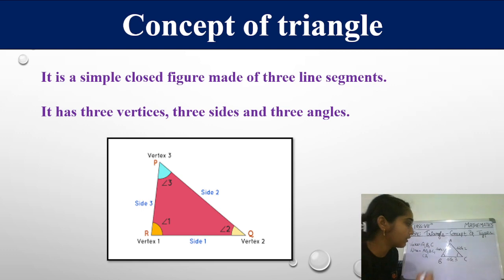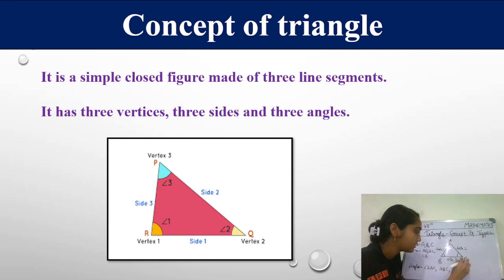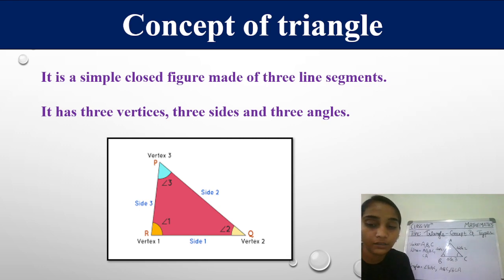Very good. And what about the three angles? You can name them angle A simply, or angle BAC, angle ABC, and angle BCA. Right? So are we clear with the basic concept of what a triangle actually is?